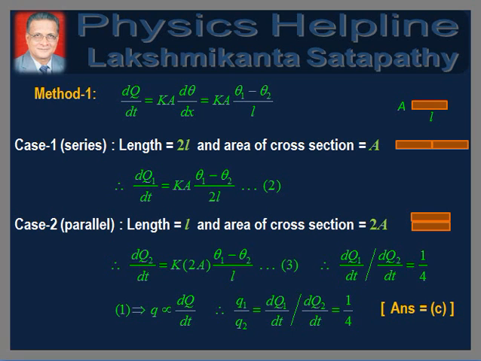Now, from equation 1, we have rate of melting of ice dm by dt is equal to Q, which varies as dQ by dt. Therefore, Q1 by Q2 is equal to dQ1 by dt divided by dQ2 by dt, which is equal to 1 by 4. Therefore, the correct option is C.